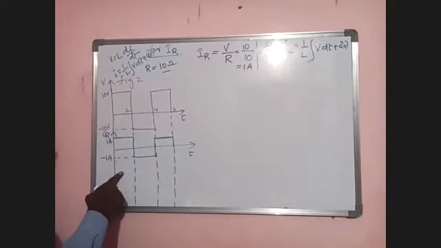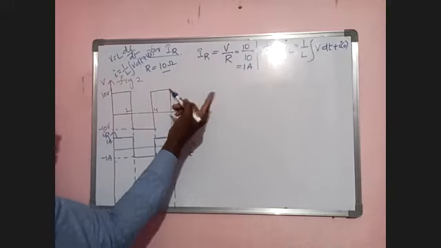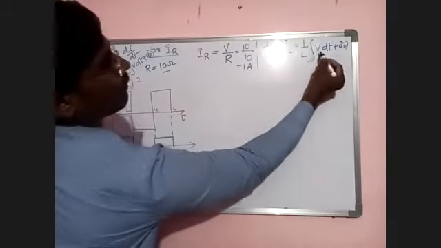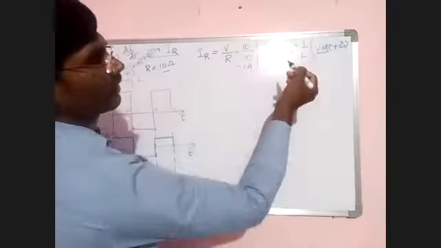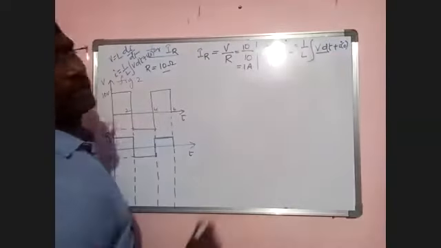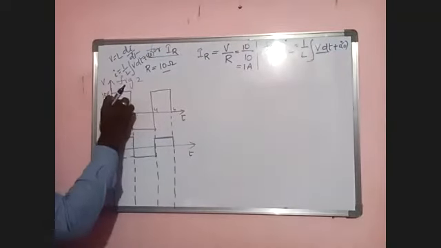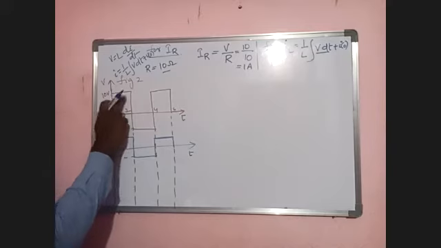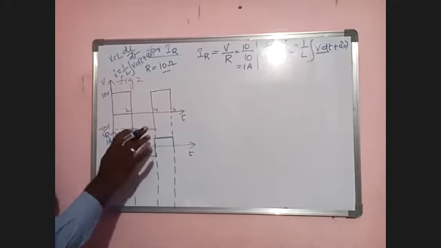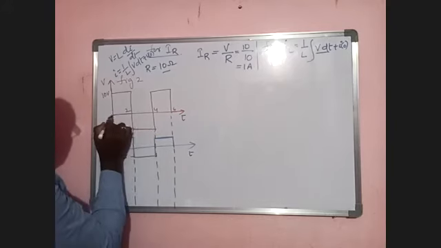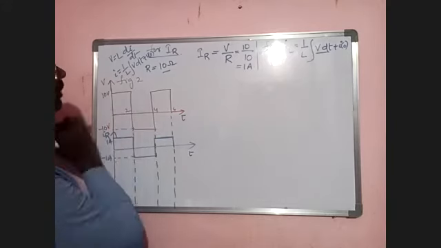So coming to here, what is the voltage? Voltage is a curve here. Fortunately, here it is a constant line. You have to take the two intervals, from 0 to 2 and 2 to 4.